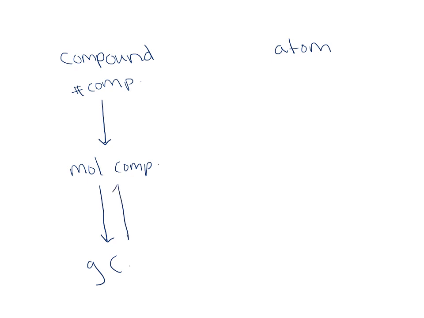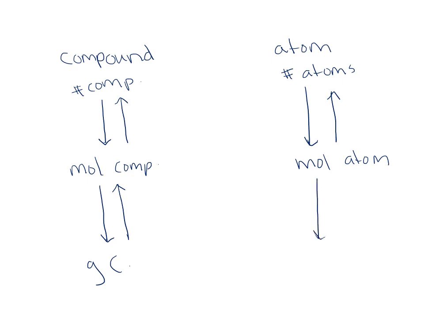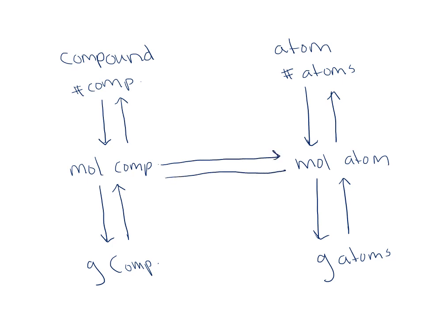And vice versa. And we learned to do the same thing for the atoms. We can go from number of atoms, convert to moles of the atoms using Avogadro's number, and we can go from moles to grams using the molar mass. This is compound. And then we learned to go from mole to mole conversion here using the chemical formula, right?